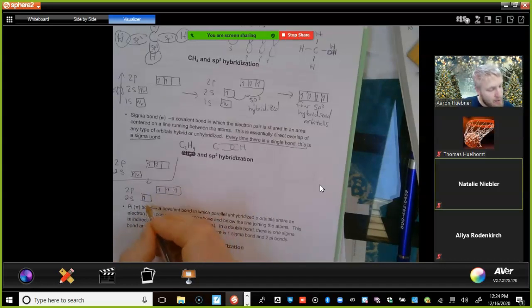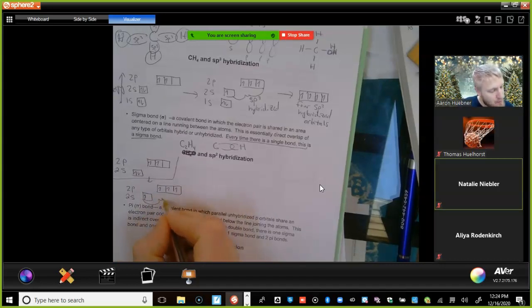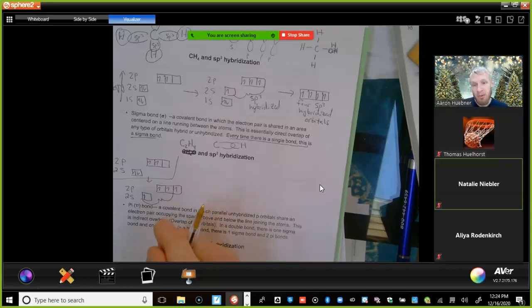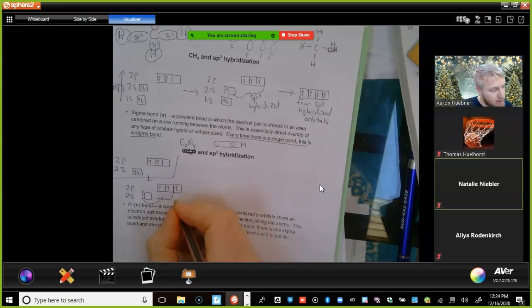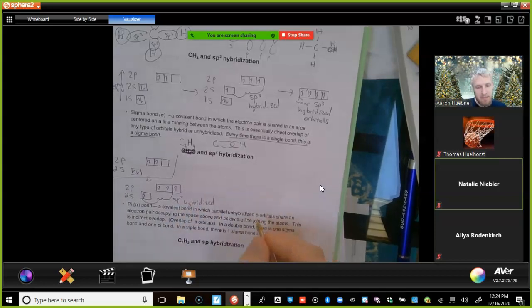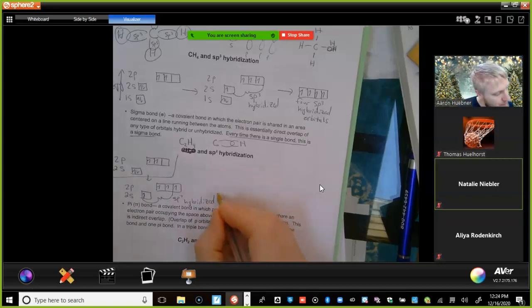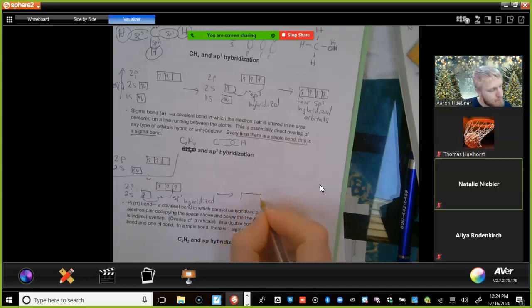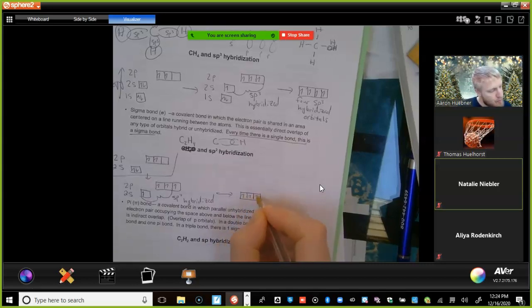However, in this situation, you're only going to have two of the p suborbitals undergo hybridization, and one's going to be kind of doing its own thing. All right, so these are sp2 hybridized. And if we rewrite it, it's going to be 1, 2, 3.